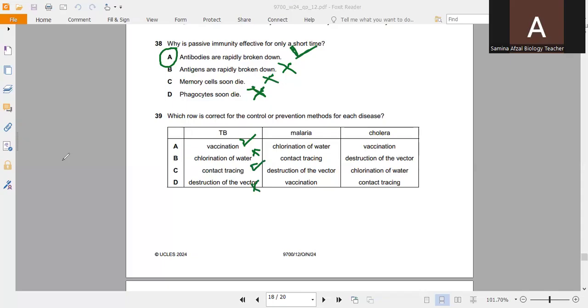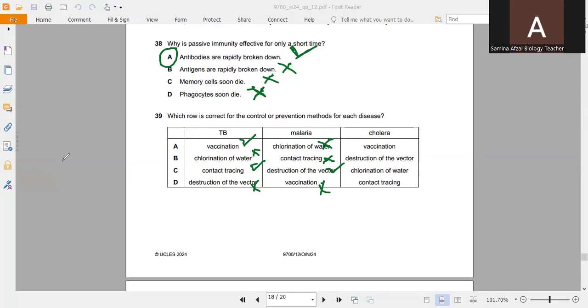Malaria is caused by the plasmodium, and the vector in this case is the mosquito which transfers this disease. So chlorination of water, contact tracing, and vaccination, no. Only the destruction of the vector is important in this case. That is, we can destroy the mosquitoes, and in this way we can reduce or control malaria.